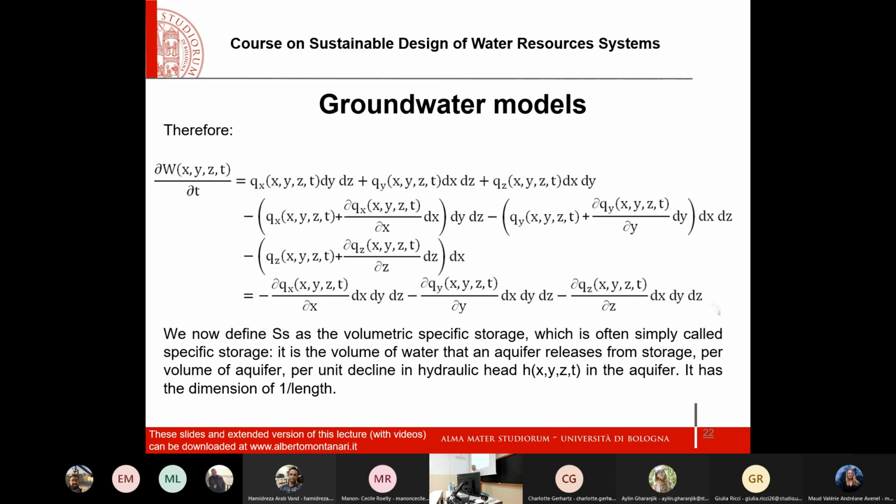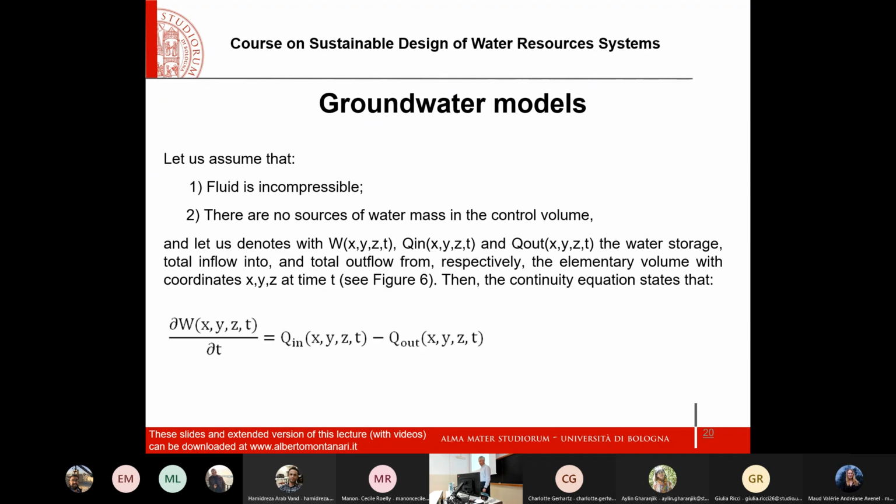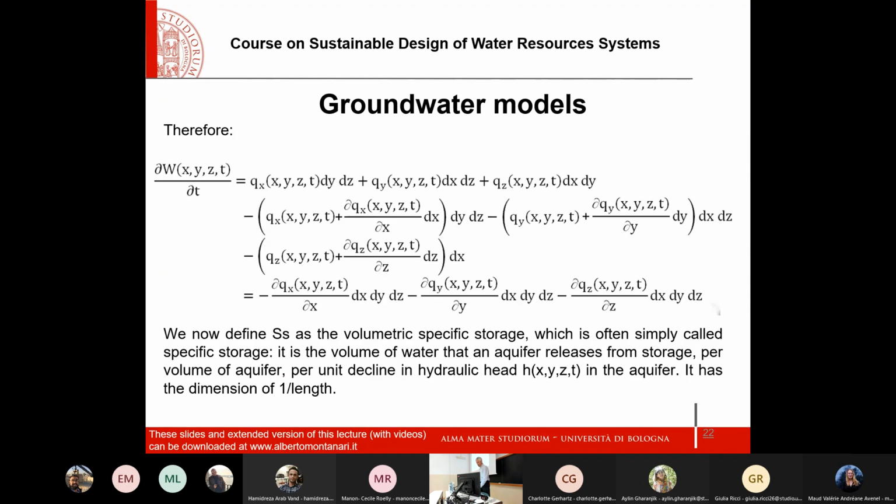The outflow, as I saw in the previous slide, is given by inflow plus the change. So the notation is heavy, but the concept is just what was depicted here. This is the concept. Change in storage is equal to inflow minus outflow. And then I go forward.